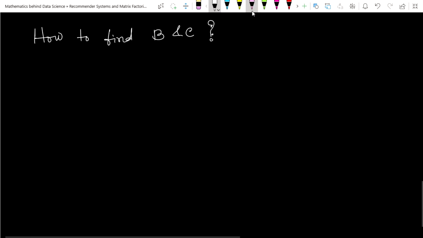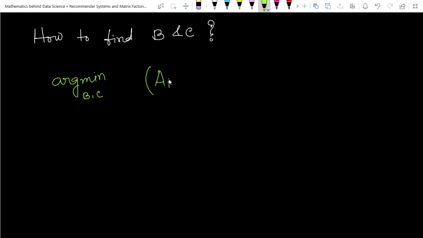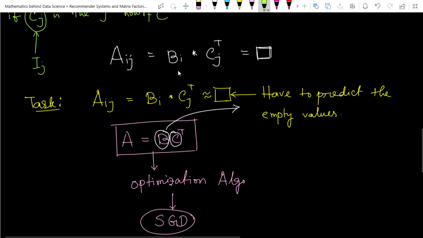So we have to find the argmin over B and C. At the end of the day, we have to find B and C. We find them using this formula: Aij minus Bi times Cj transpose.